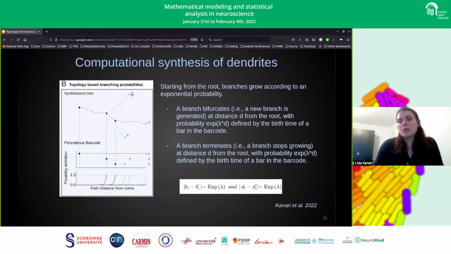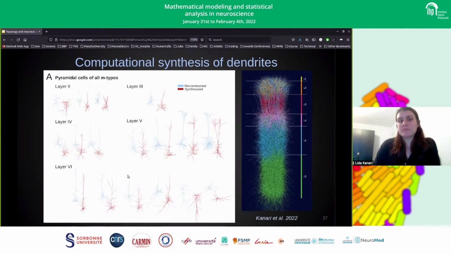So as these branches grow, the probability to terminate increases as you get to the end of these bars. So imagine if you only had one bar, it would start growing point by point, and it would just terminate at the end of the bar. So you would only have one neuronal branch that you could generate. But if you have multiple of them, this probability accumulates, so you can generate branching shapes that have very similar barcodes.